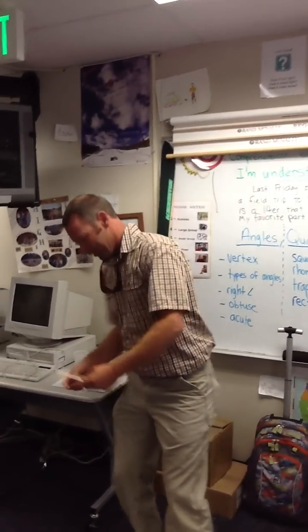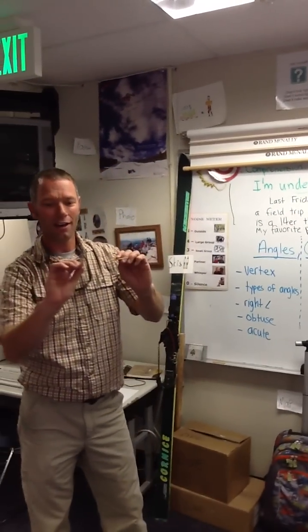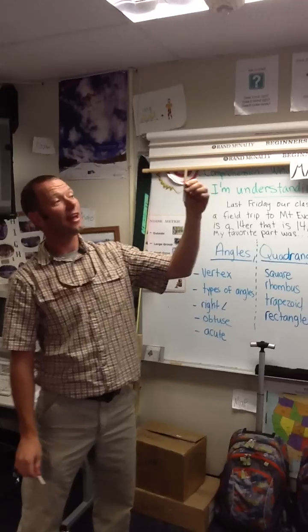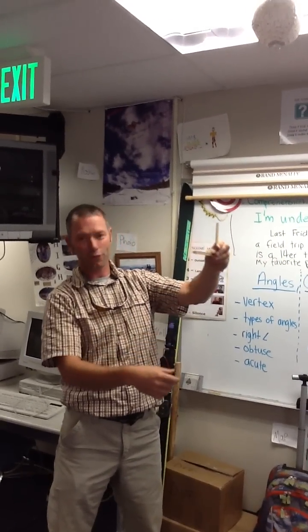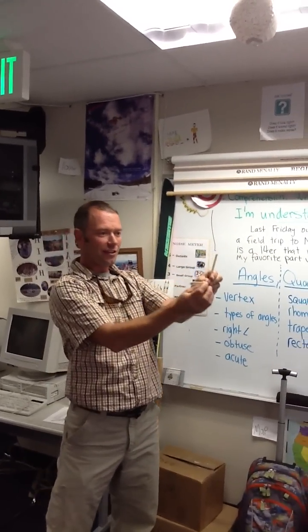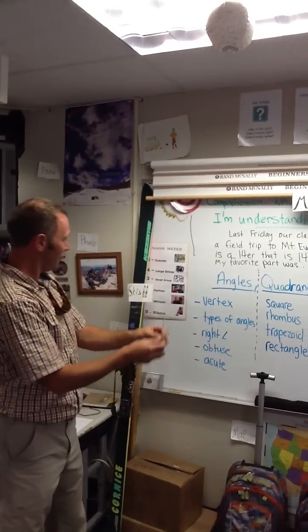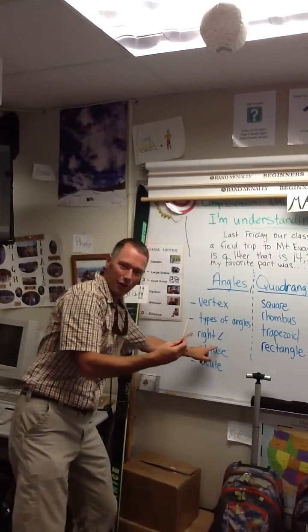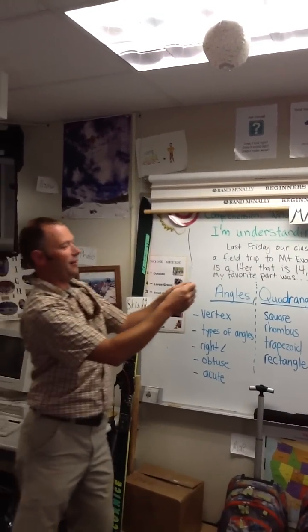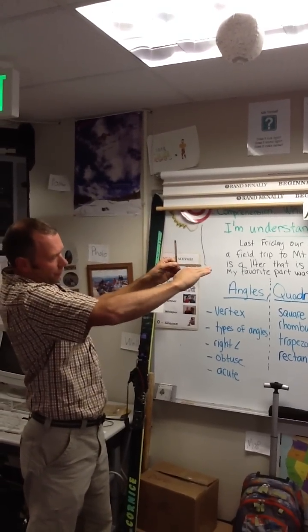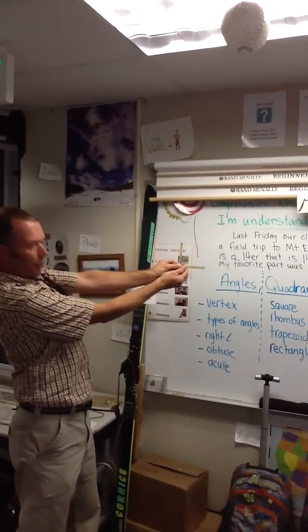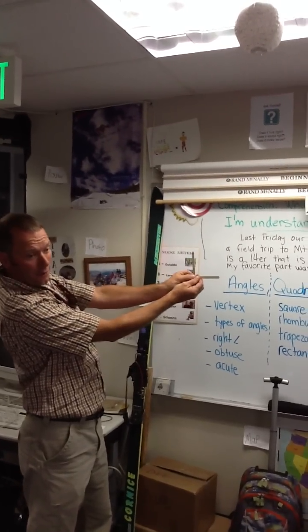So, if I take two popsicle sticks, we talked about how these are line segments, and I join them together, we just formed an angle. And if this happens to be a special angle called a right angle, when we have a vertical line and a horizontal line, and a perfect L shape, we have a right angle.